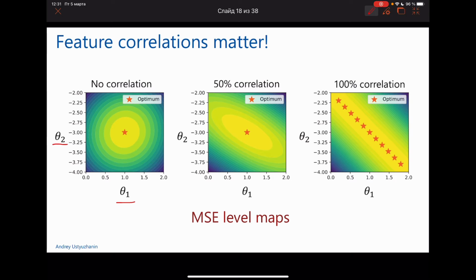And if there is a 50% correlation, the minimum region becomes quite extended along the diagonal here. And if you have 100% correlation, you have a solution like this. And it actually produces an infinitely large number of possible solutions.